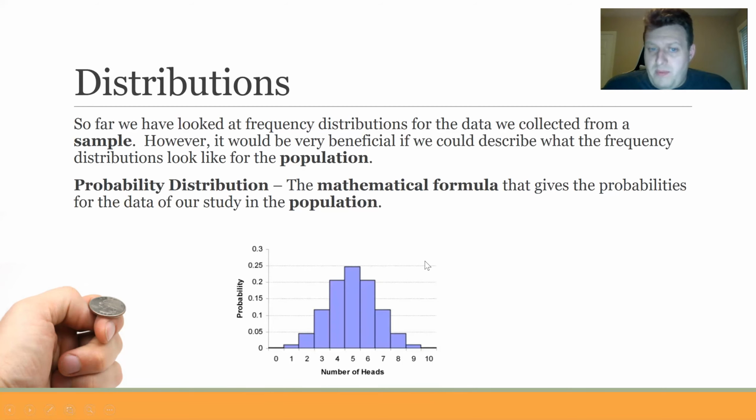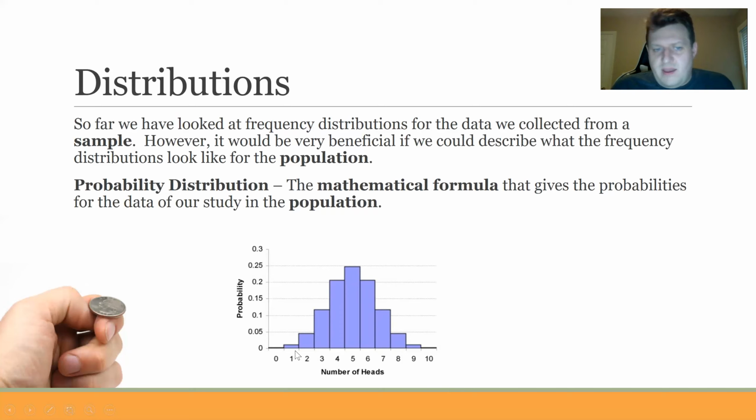But this is the probability distribution of what this is going to look like in the population if we were to do this experiment over and over again an infinite amount of times, flipping 10 coins, writing down how many heads we got, and doing it again and again. Ultimately, when we do this a near infinite amount of times, we're going to find empirically that our probability is going to look like this.